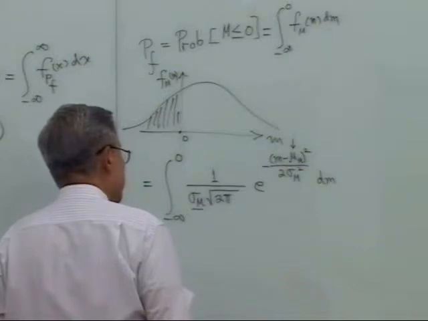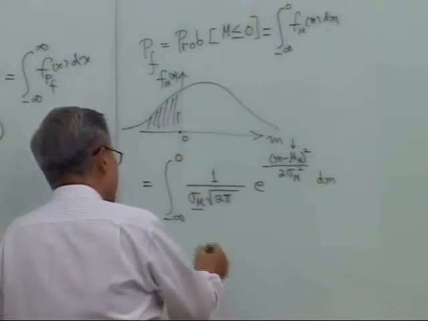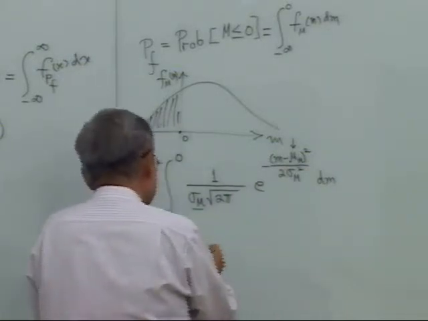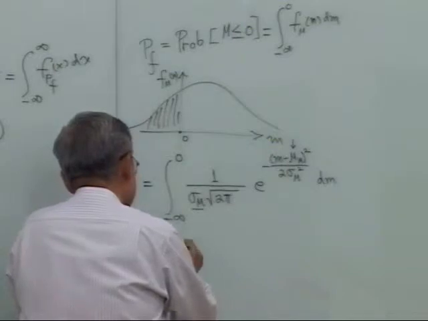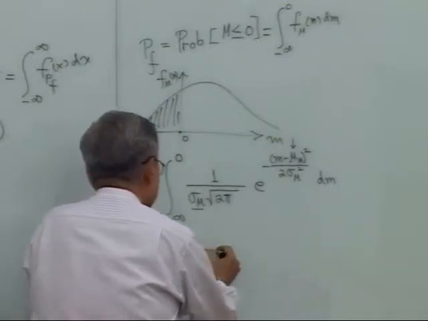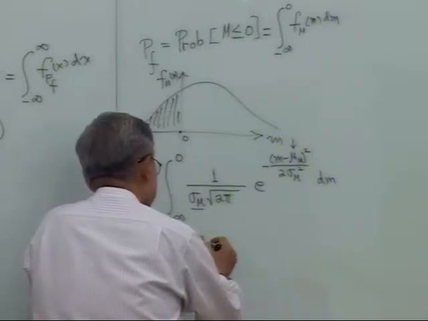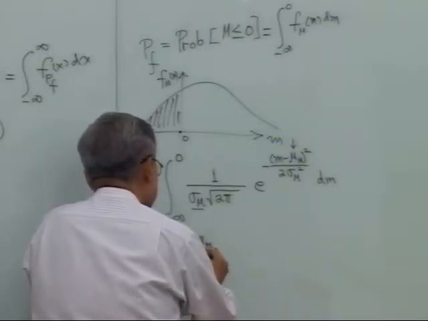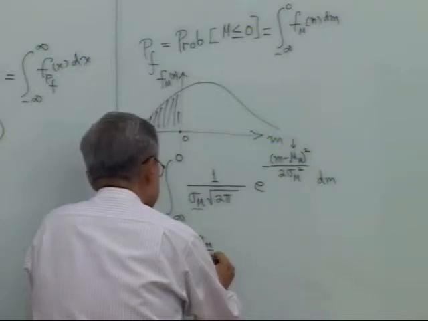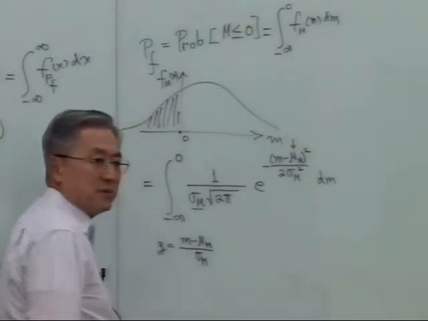As we have done before, I can set z equal to (m minus mu_M) over sigma_M, you remember?